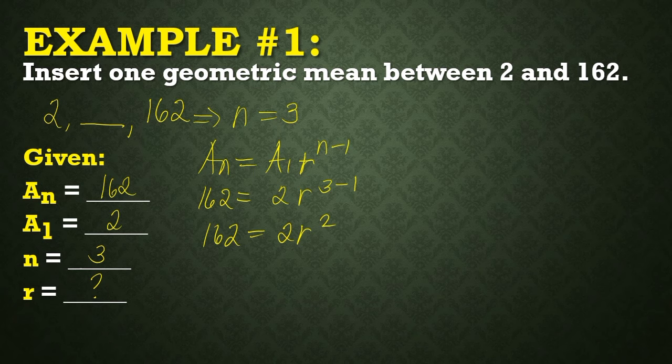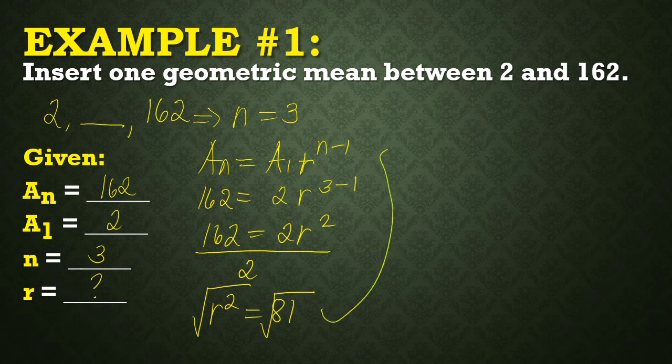And then we divide the whole equation by 2. So that is r squared equals 81. Now, we extract the square root of both sides. This means our common ratio is the square root of 81. So, let's rewrite: r is equal to positive or negative 9.